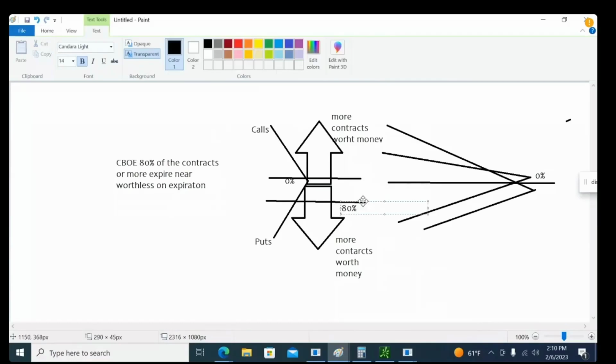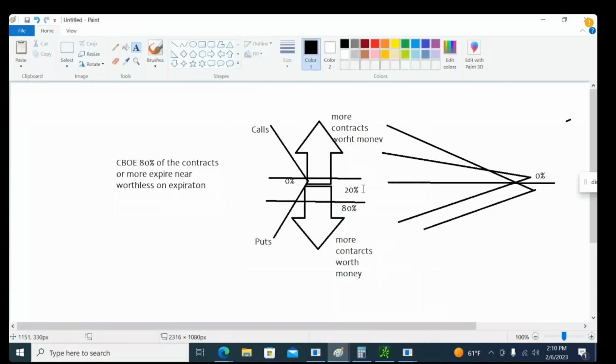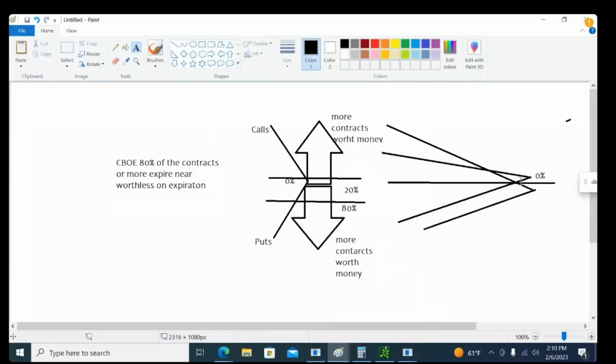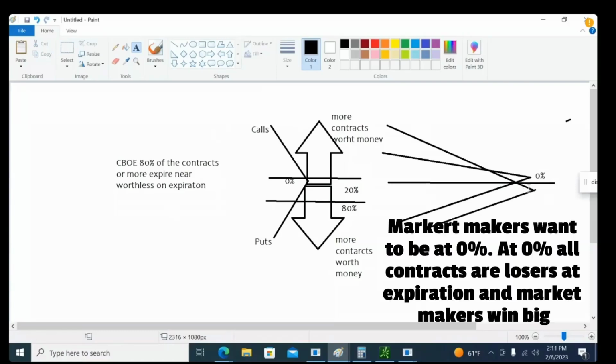So the 80% would be underneath, leaving our 20% here that are profitable by a penny or more. And that profitability comes in over here as the buying and selling is coming in, where it's distorting the 0% line that they're trying to take it to.